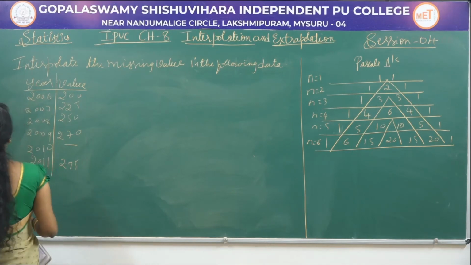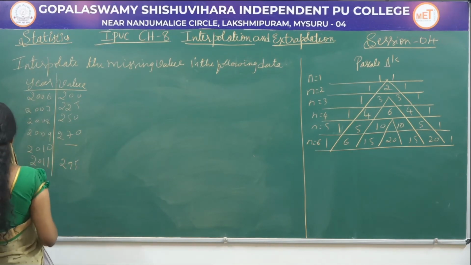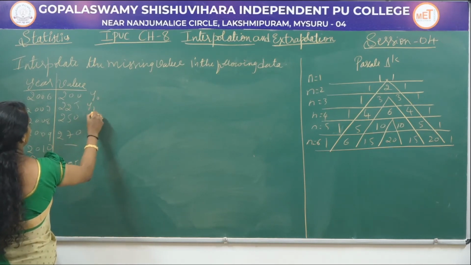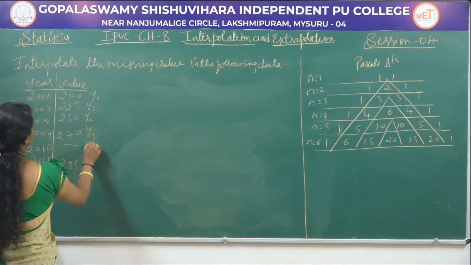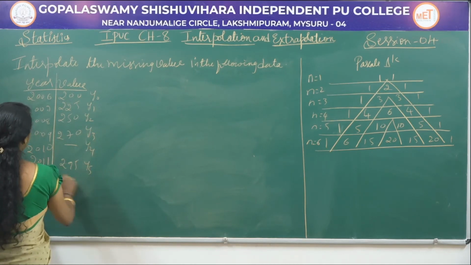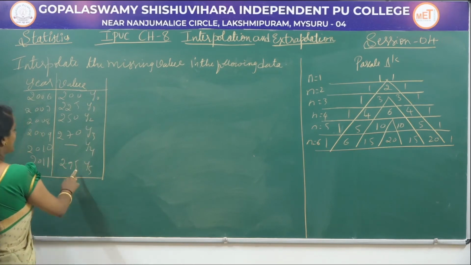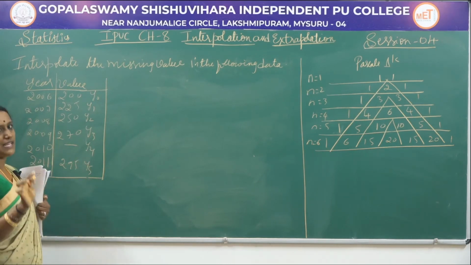So these are the years and values whatever they have given. For values I will denote y0, y1, y2, y3, y4 and y5. Here we have till n is equal to 5, y5 is the last value.